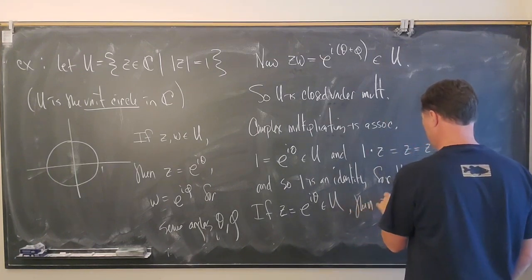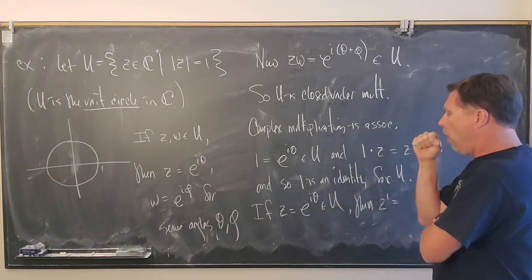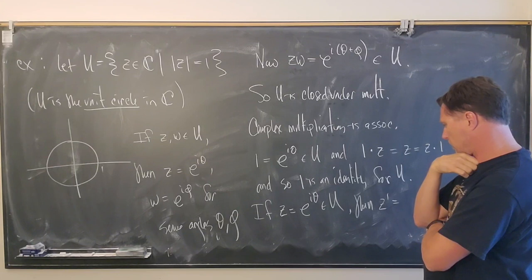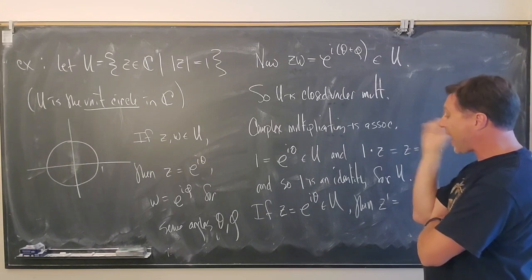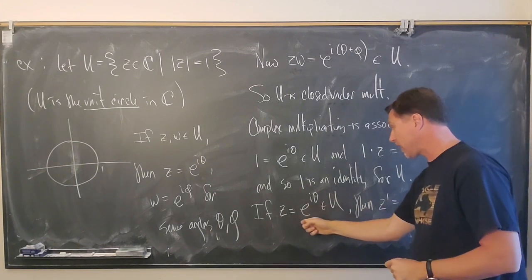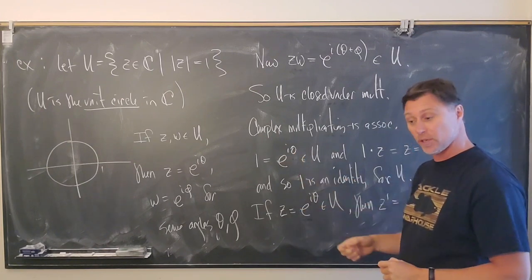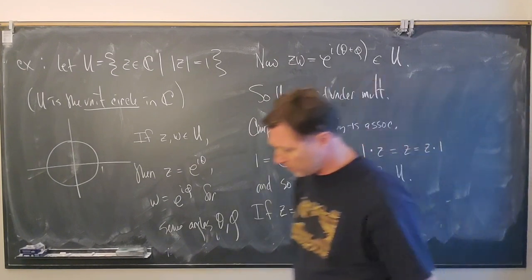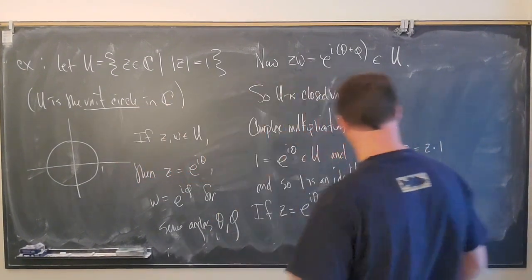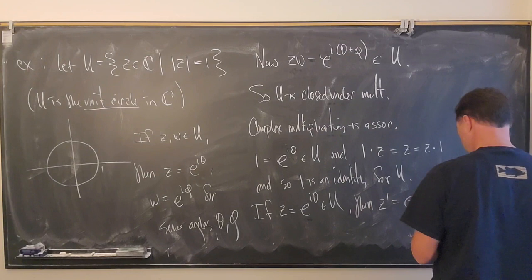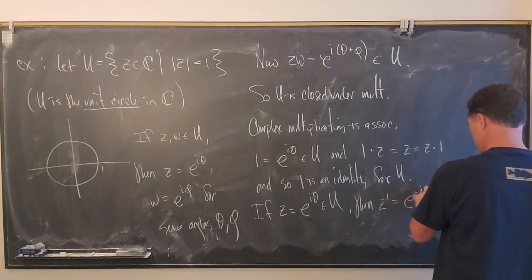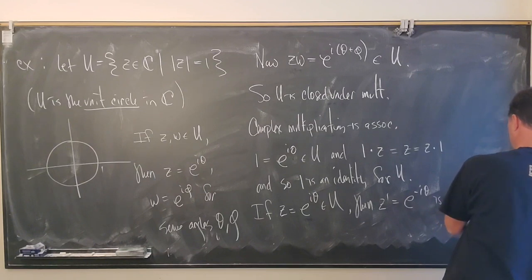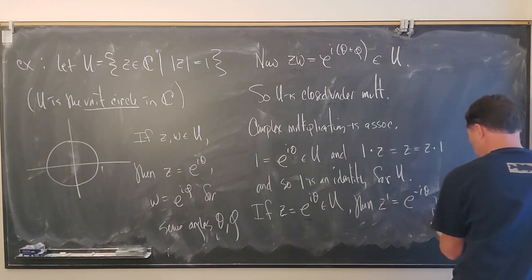So Z prime equal to, let's see what I need. I need somebody so that when I multiply that somebody times e to the i theta, I get e to the i times 0. And so, I write this out, e to the minus i theta is an inverse for little z.